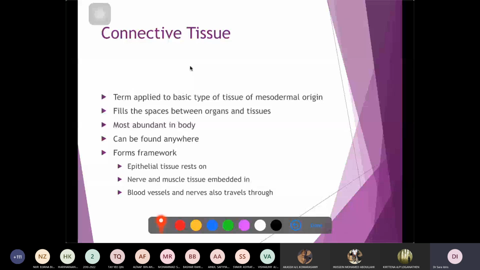Okay, it's also where nerve and muscle would be embedded. Nerve and muscles are also a different type of basic tissue, and it's also for blood vessels and nerves to travel through, right? Like I mentioned earlier, the structures inside your body cannot just exist suspended in air. So your blood vessels and your nerves need to travel through connective tissue in order to go to a specific organ or a specific area in your body.